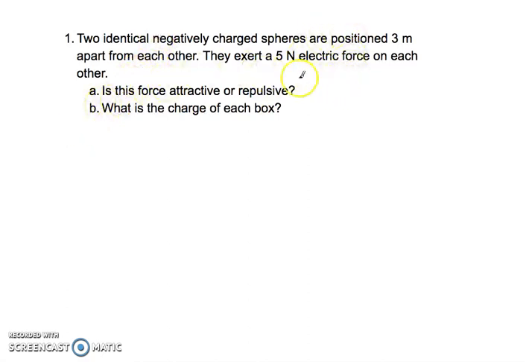What we have is two negatively charged identical spheres. Sketch it out here. Positioned 3 meters apart from each other, okay? And then there's a 5 Newton electrical force on each other, basically. So they exert 5 newtons on each other.